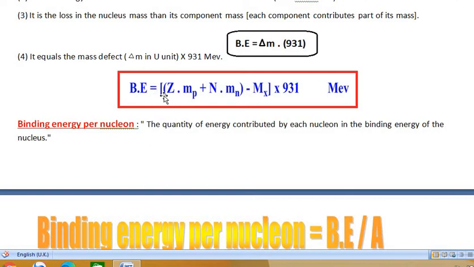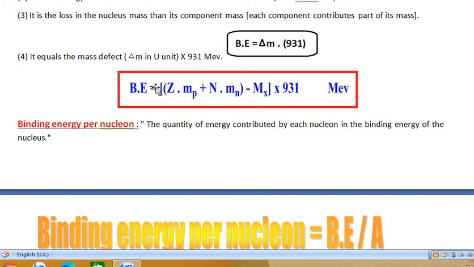Binding energy equals the number of protons times the mass of one proton plus the number of neutrons times the mass of one neutron. Between brackets, this is the calculated mass of the atom, minus mx, which is the actual mass.